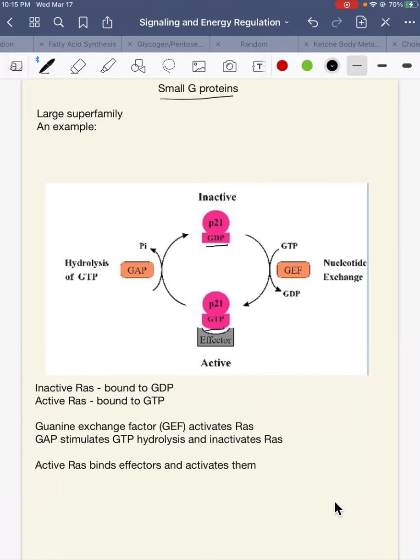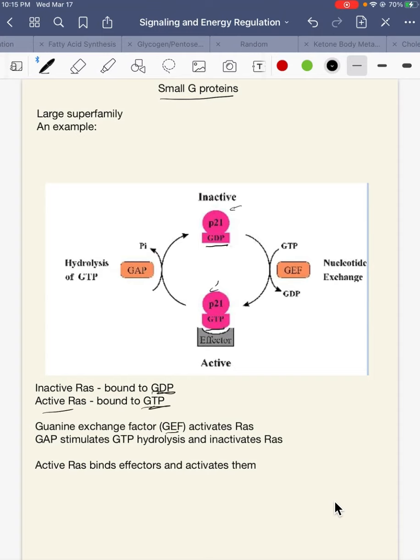Okay, I think this picture has P21 instead of RAS. So this would be another example of the small G proteins, but usually you're tested on RAS. So you can just think of the same thing in terms of RAS. So inactive RAS has GDP bound to it, and active RAS has GTP bound to it.